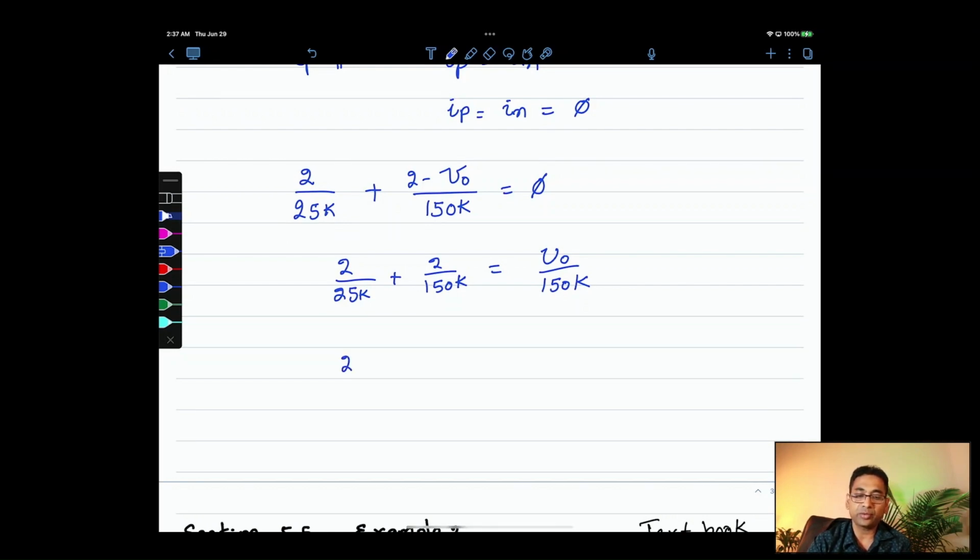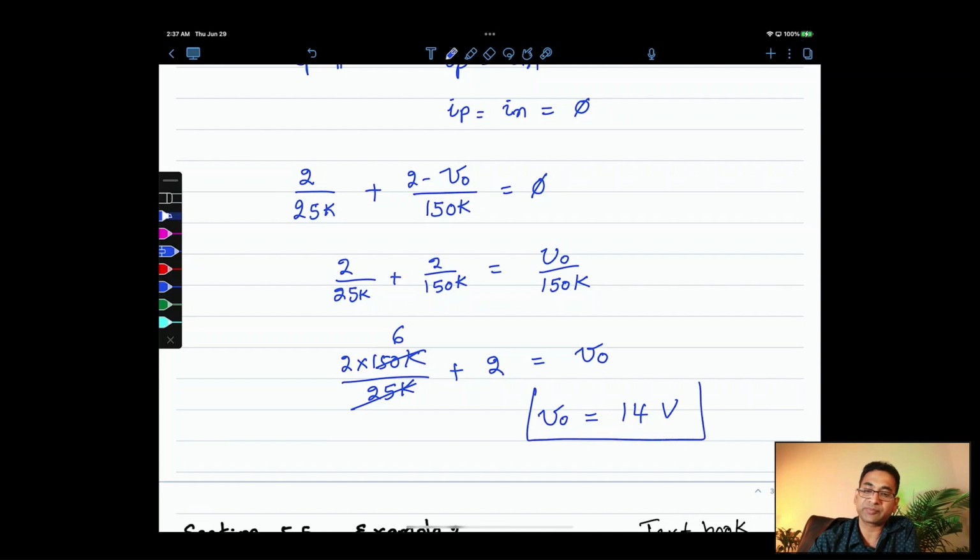I have 2 times 150k divided by 25k plus 2 equals Vo. Whatever that comes out to be, this multiplies 6 times, so Vo equals 14 volts. That's it. Pretty straightforward, simple problem.